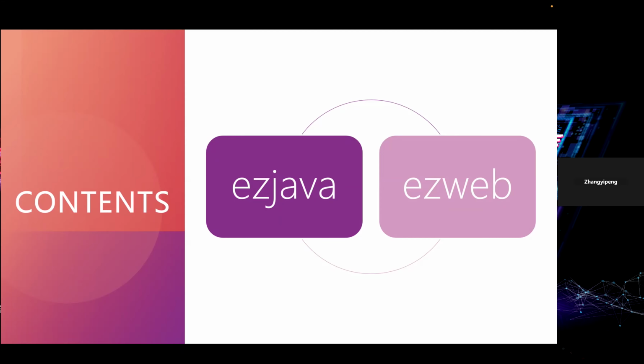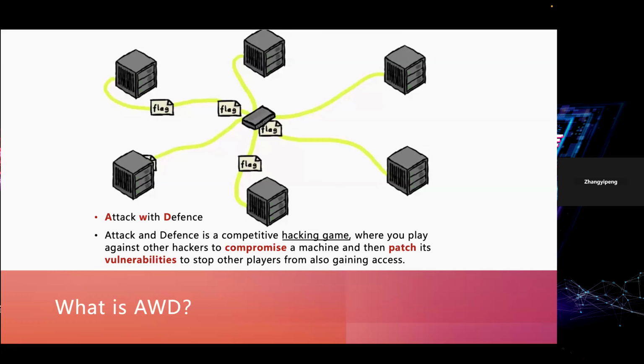But before we come to these two challenges, first I think we need to talk about AWD. As you see here, what is AWD? AWD is attack with defense. First of all, it's a CTF, so you need to get flags, but in AWD mode something is very different.